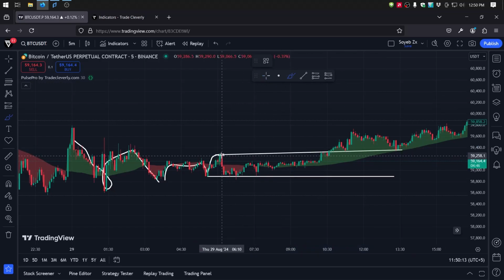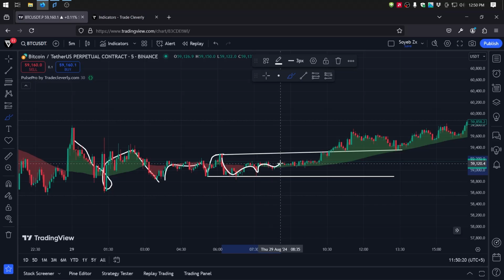Alright, and here you can see the price is ranging, not making a new swing high and swing low.